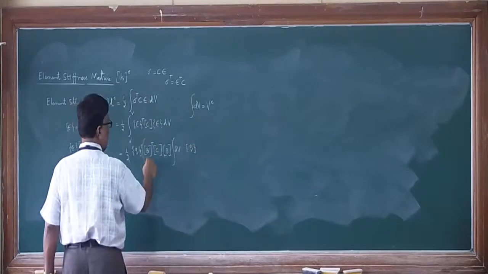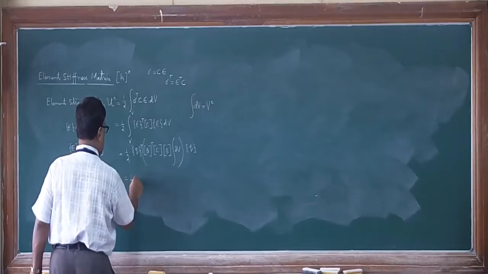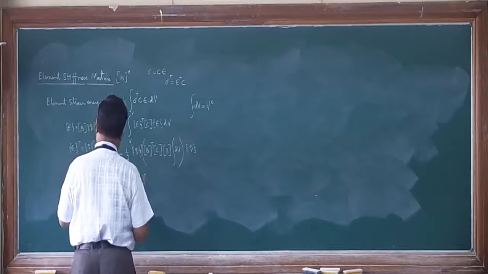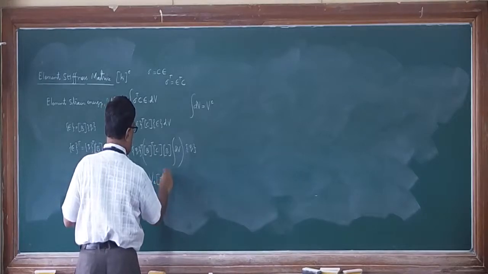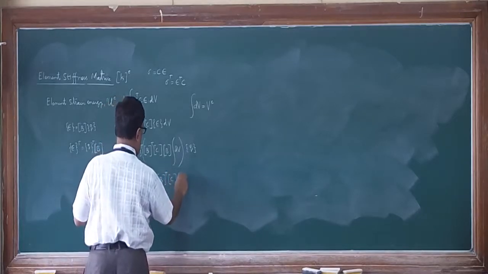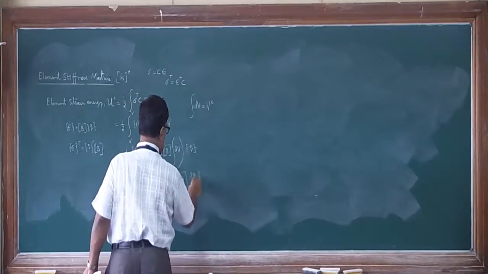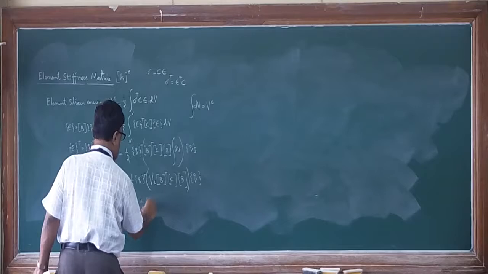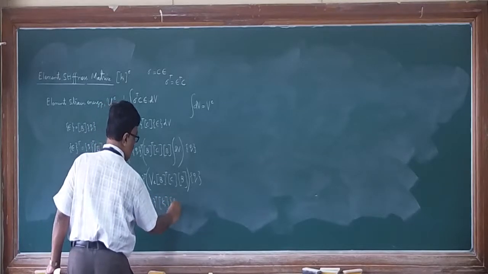So if you take all these things, what is going to come? Half Q transpose, VE, the volume of this element, then B transpose C B into Q. If you look at this whole thing, it is nothing but half Q transpose K Q, because this is the element stiffness matrix.